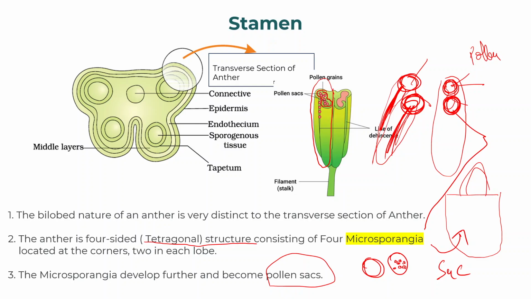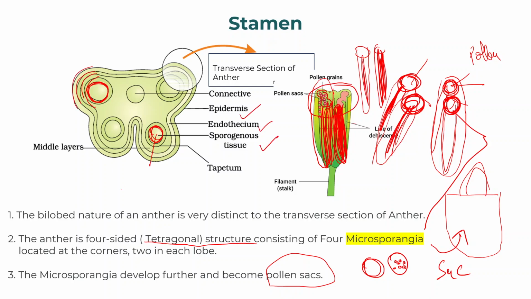So you could say that this microsporangia is longitudinal because this whole thing will be filled with pollen grains. This whole length of microsporangia will be filled with pollen grains. Longitudinally, it is like a glass vessel. So this will be filled with pollen grains.